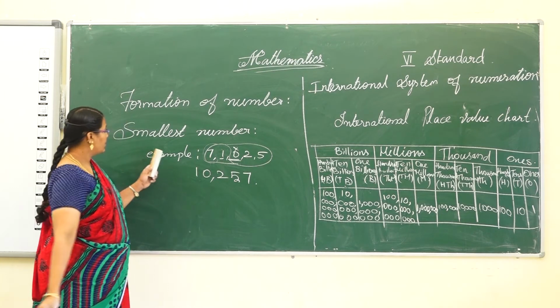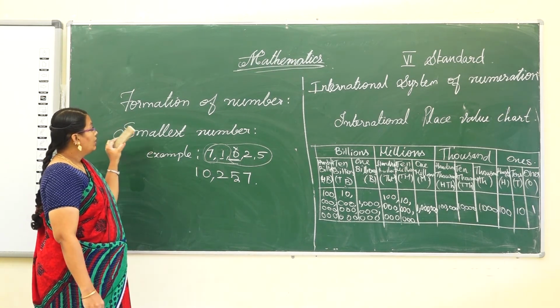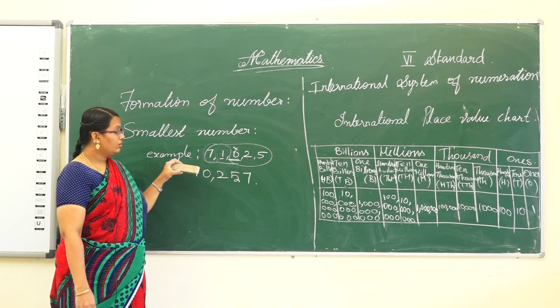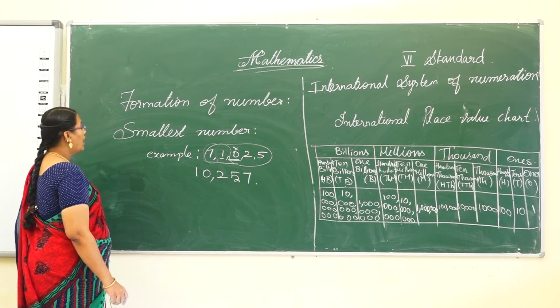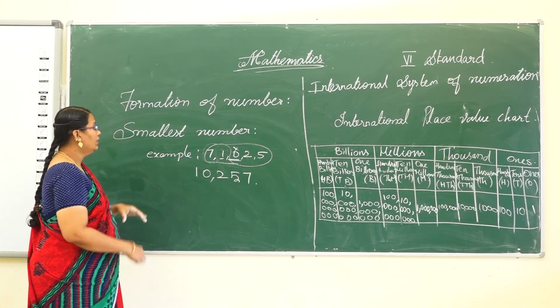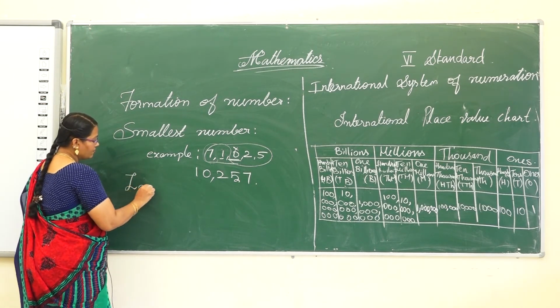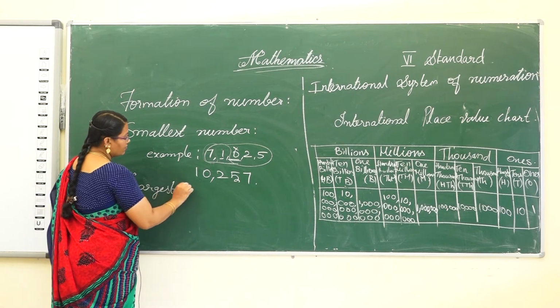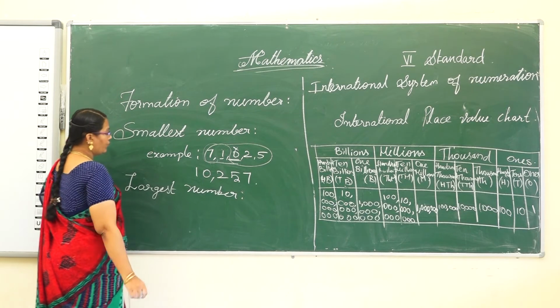I hope you understand how to write the smallest number using given digits. Now find the largest number formed from the digits. We consider the same example.